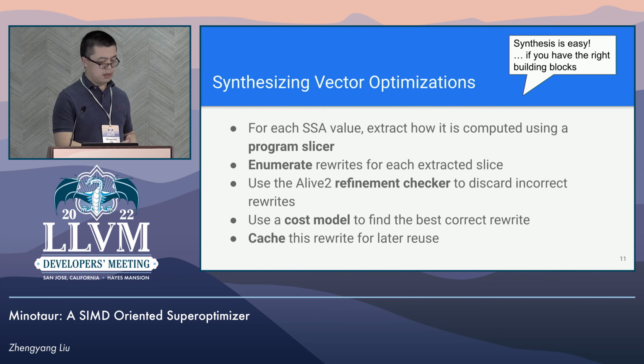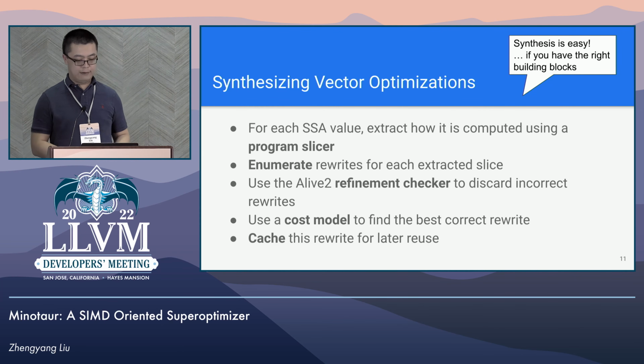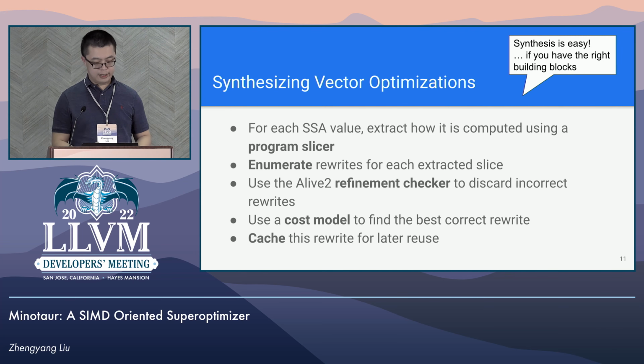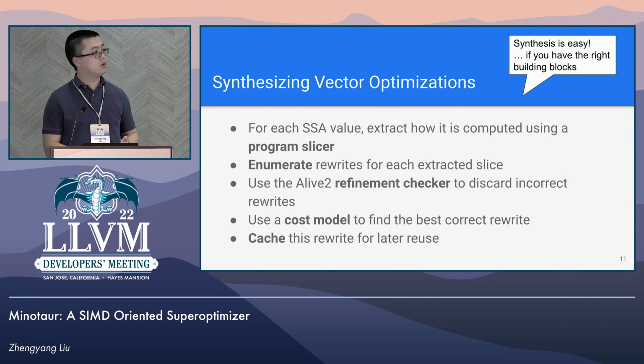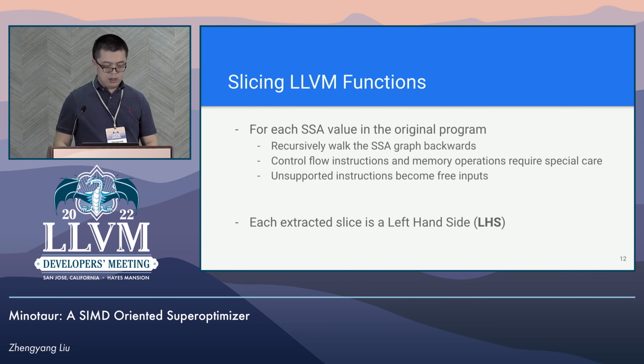And finally, Minotaur caches the synthesis results for later reuse. In the following slides, I will talk about each part in detail, and later I will show a few rewrite examples found by our superoptimizer, and then I will show the end-to-end performance numbers.